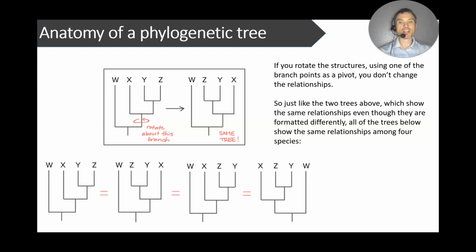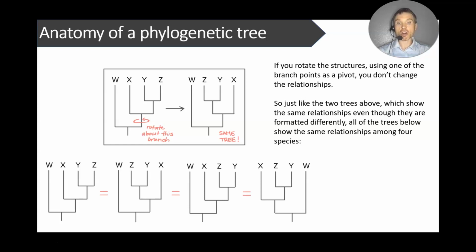So if you look on the box there, W, X, Y, and Z, and we compare that to the phylogenetic tree, W, Z, Y, and X, they are the same tree. The evolutionary relationship between those individuals are the same. The only thing that we've done is we've rotated those branches. So just be aware of that.